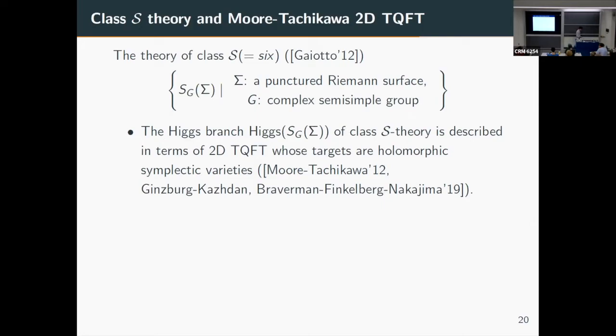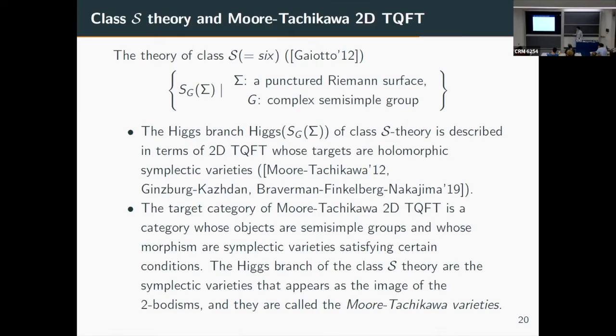And the Higgs branch of this class S theory is described in terms of 2-dimensional TQFT, whose targets are holomorphic symplectic varieties. So in usual 2D TQFT, targets are vector spaces. But in this TQFT, you replace vector spaces by symplectic varieties.